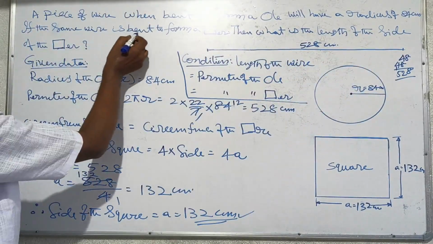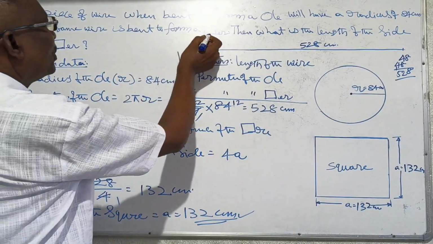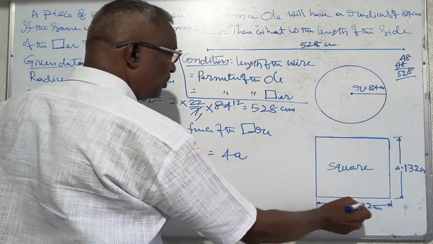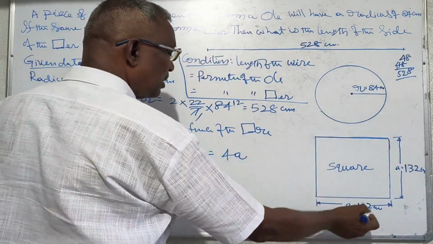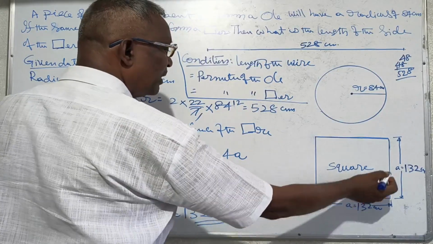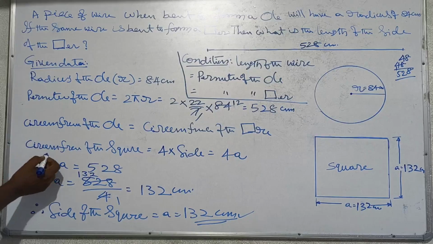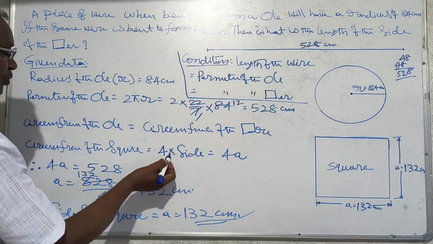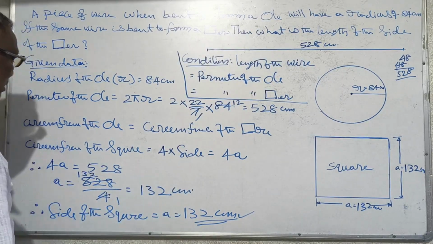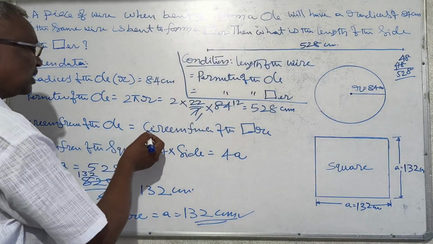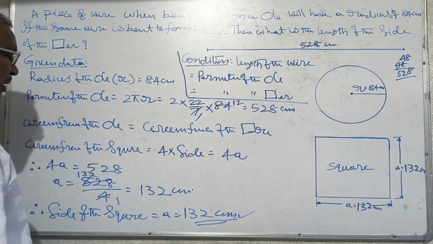The same length of the wire is bent in the form of a square. Square means what is the perimeter of the square? 4 into side, 4 sides. Circumference of the square is equal to 4 into side. So circumference of the circle is nothing but the circumference of the square.